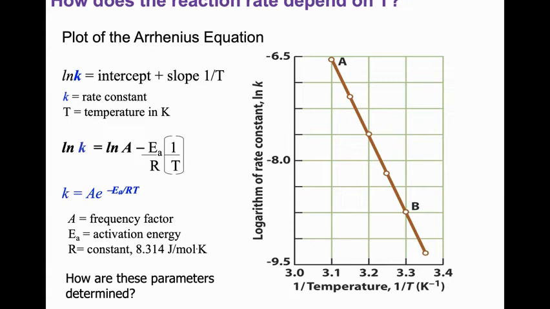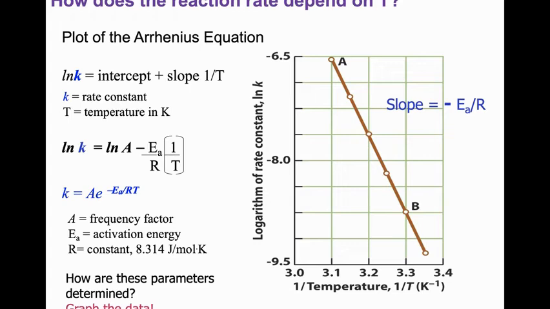So these parameters, frequency factor and activation energy, how might we determine them? We're staring at this graph. Like most things in kinetics, how we get answers is to graph data and extract information from those graphs. So if we collect rate constants, how does k change at different temperatures? Well, how could we find the rate constant? Oh yeah, we plot it, right?